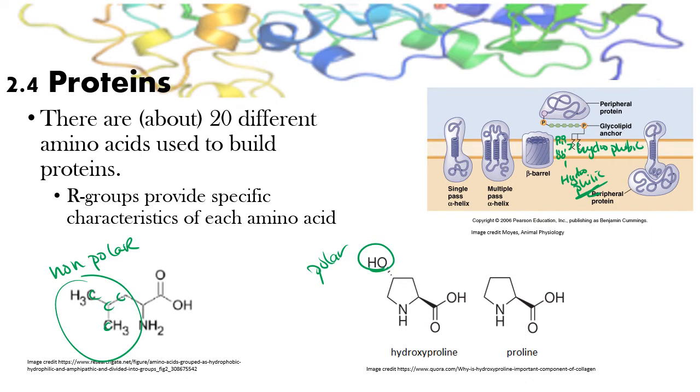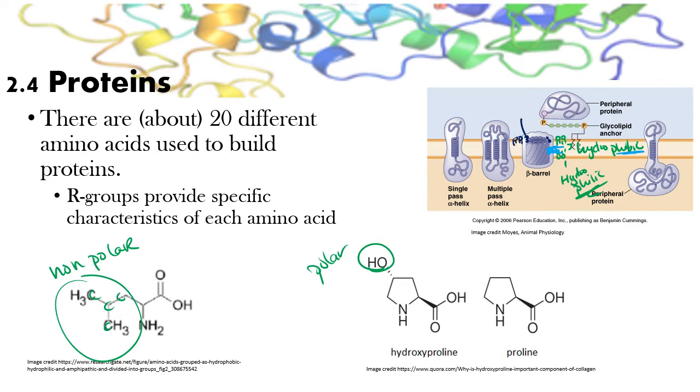And so if I have especially like a channel protein, the amino acids that make the outside of the channel that are embedded in the inside of the membrane are also going to be hydrophobic so that they can hang out next to those fatty acid chains. But then the amino acids that are up here are going to be hydrophilic so that they can hang out next to the phosphate heads.